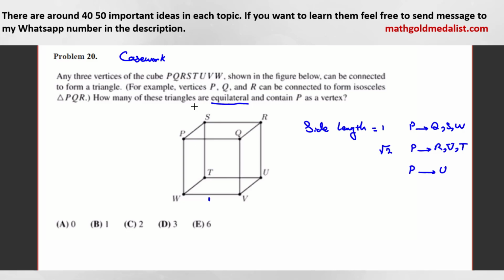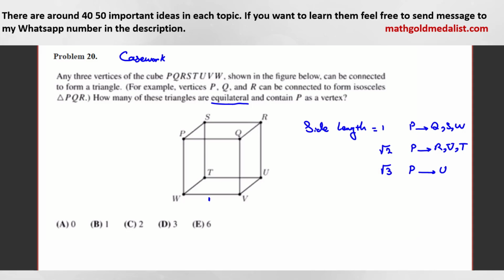You should write Pythagorean theorem. You can say, okay, this one, this one. This one is 1 if you write Pythagorean theorem. This one is root 2. Here it will be root 3, okay? So the length can be root 3 in this case.